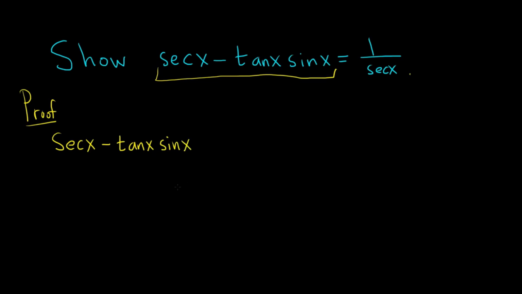So the natural thing to do is to write everything in terms of sine and cosine. That's usually a good idea. So let's try that. Secant is 1 over cosine, and then tangent is sine over cosine.